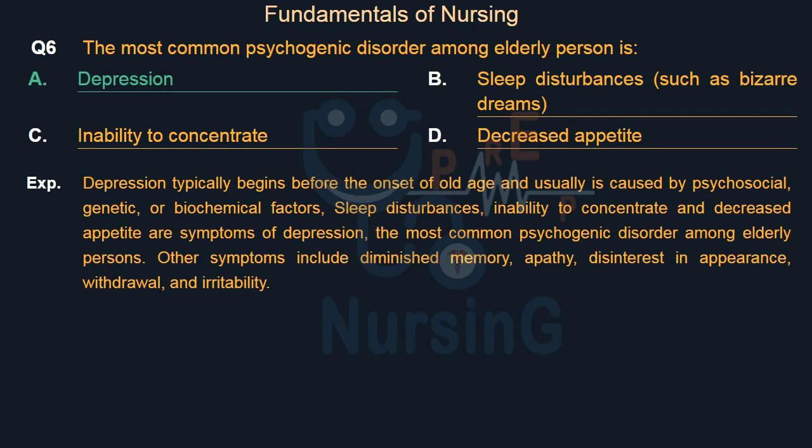Depression typically begins before the onset of old age and usually is caused by psychosocial, genetic, or biochemical factors. Sleep disturbances, inability to concentrate, and decreased appetite are symptoms of depression, the most common psychogenic disorder among elderly persons. Other symptoms include diminished memory, apathy, disinterest in appearance, withdrawal, and irritability.